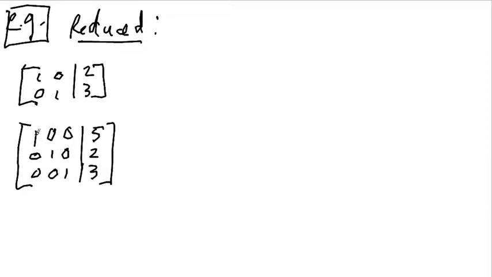This 1 is to the right of this guy and this guy. This 1 is to the right of this guy. Okay, great. Let's look at some cases where we actually have some 0 rows. Let's look at 1, 0, 0, 1, 0, 0, 5, 2, 1. Let me even put a 0 here.